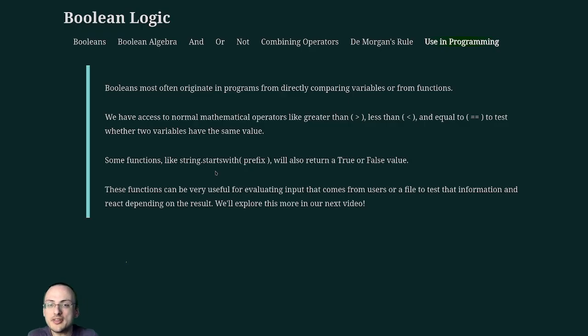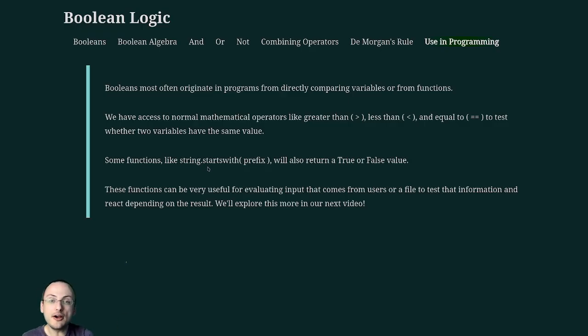And once we know that, we can chain together complex statements from a bunch of these functions to test for different conditions in our program. Things like checking, does this file exist? And do I have permission to open it? And does its name match the name I'm looking for? If all of those are met, then I will do something in my program.